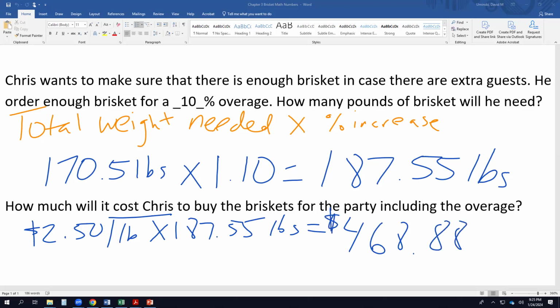Okay. Oh no, that's the word per pound. Sorry. $2.50 per pound times the 187.55 pounds. Ooh, we covered a lot today.